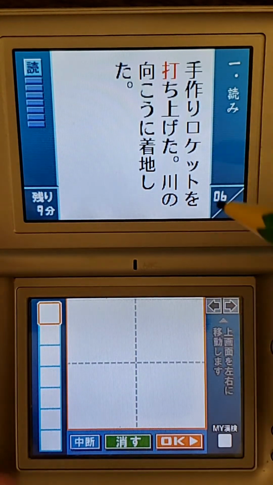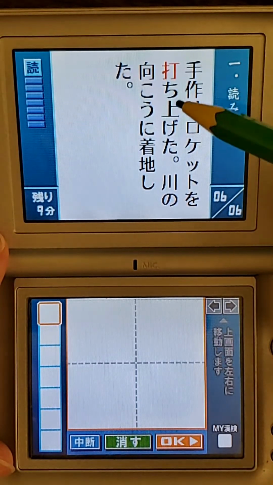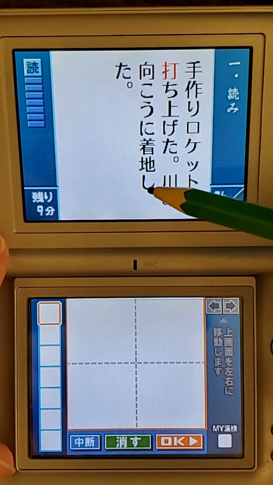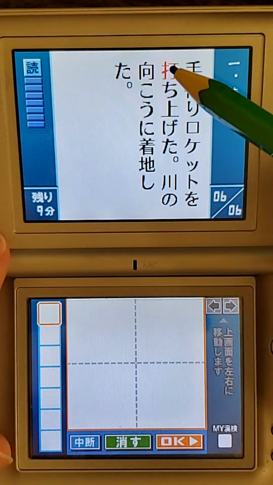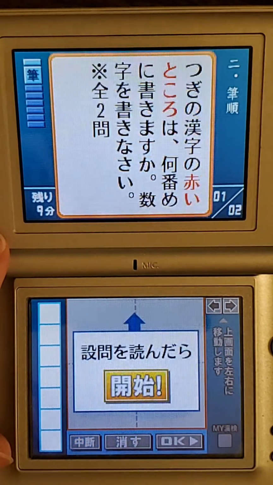So like a rocket that you made out of paper or whatever, or a model. 川の向こうに着陸した、着地した. I think 着地, okay, anyway we're not doing that, we're doing this 打ち. So 打ち上げる is to launch.